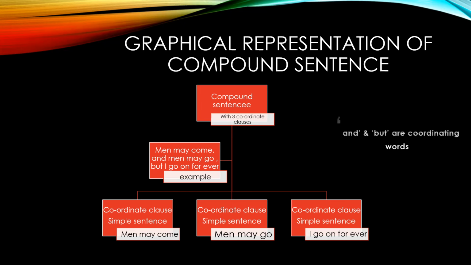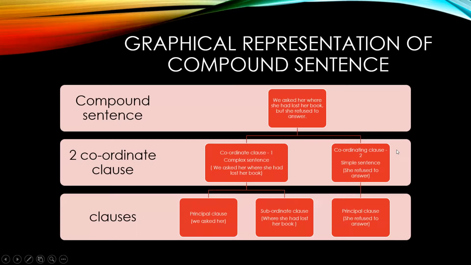"I go on forever", again, is a principal clause. So, three principal clauses which are independent but are joined by "and" and "but". And they are the coordinating words.